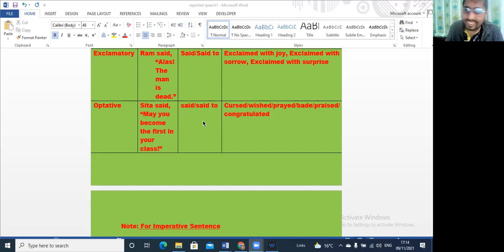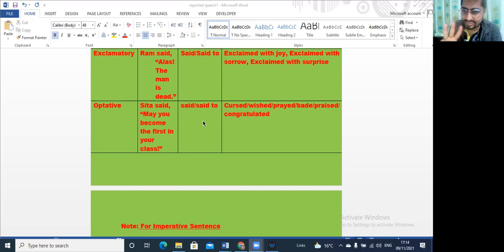So what kind of sentence is exclamatory? The sentence which reveals, depicts, or shows the ideas of joy, sorrow, or surprise.